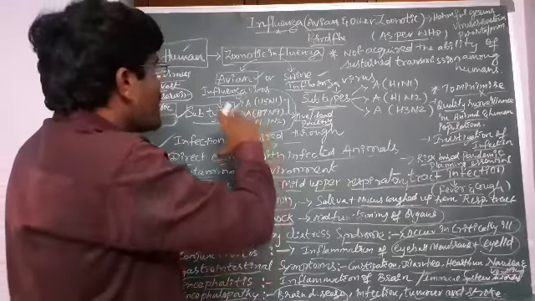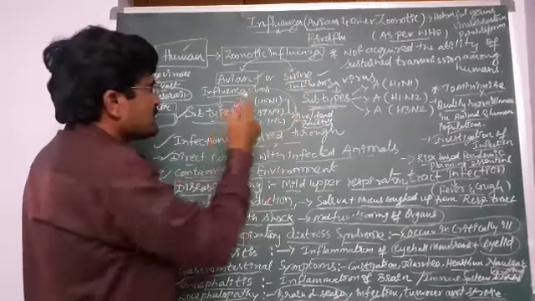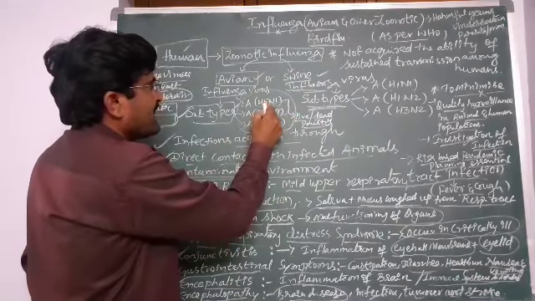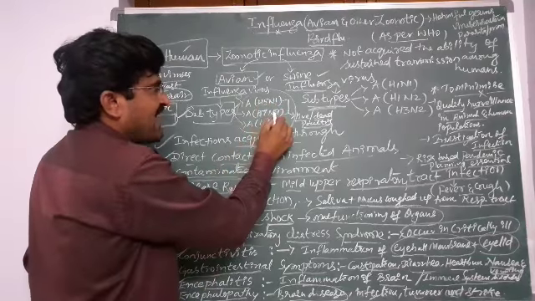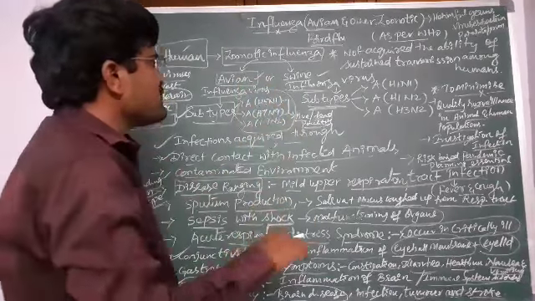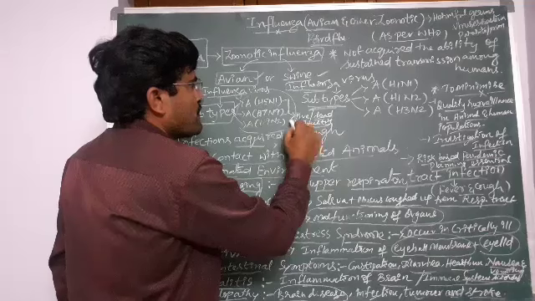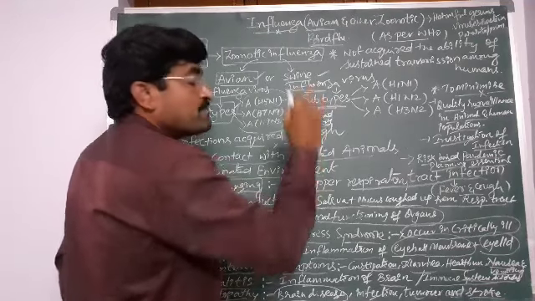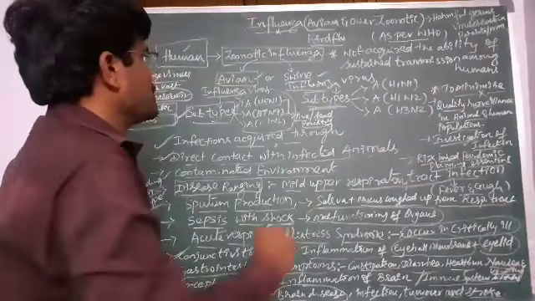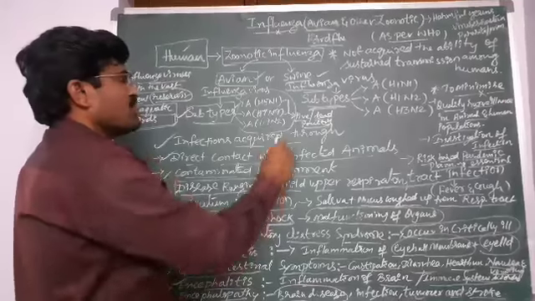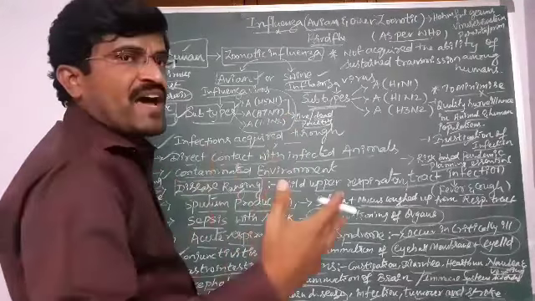Among those types, H5N1 and H7N9, these two we generally get from live or dead poultry. These two are frequently acquired from poultry, whether live or dead.